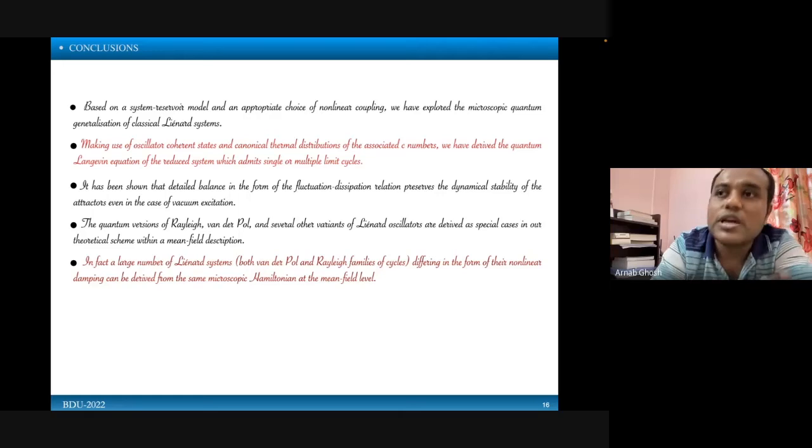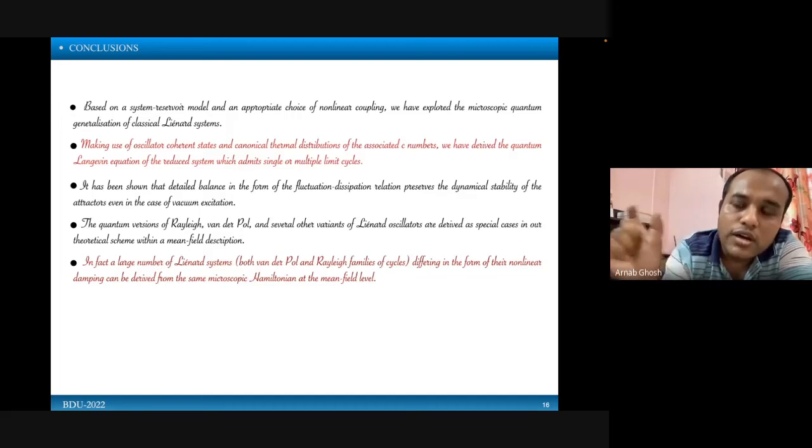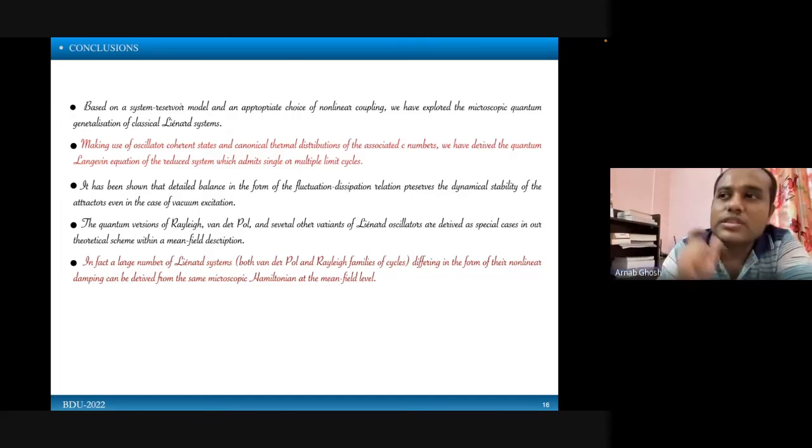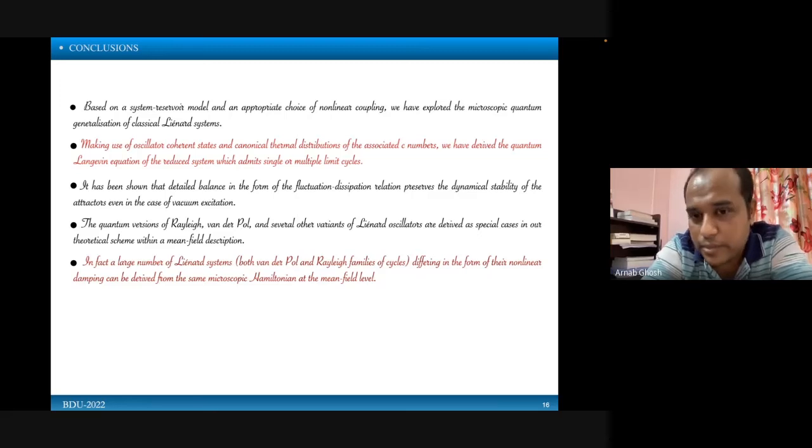As an example, we have discussed only the van der Pol and the Rayleigh, which are the simplest because they can be modeled starting with harmonic oscillators. They have a free term, and you just model this nonlinear damping through the interaction Hamiltonian. And this can again be derived from the same microscopic Hamiltonian at the mean field level. So with this, I conclude and thank you very much for your kind attention.